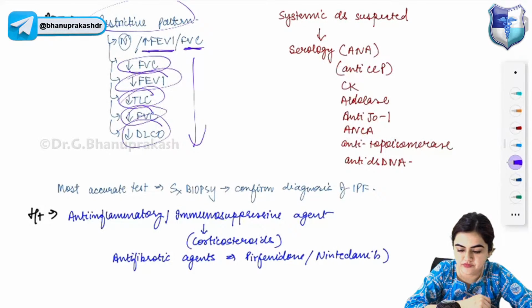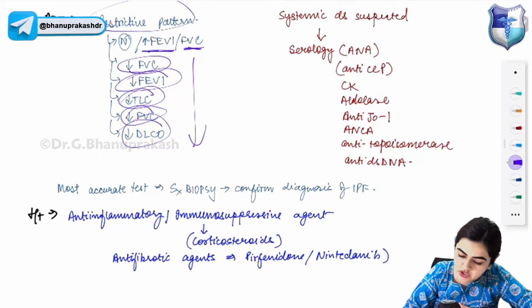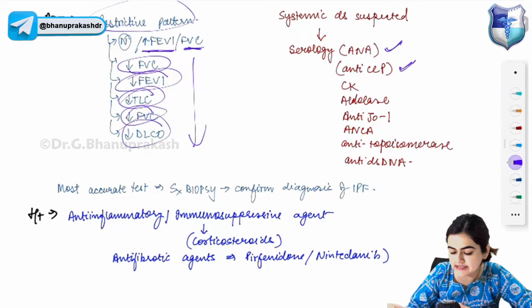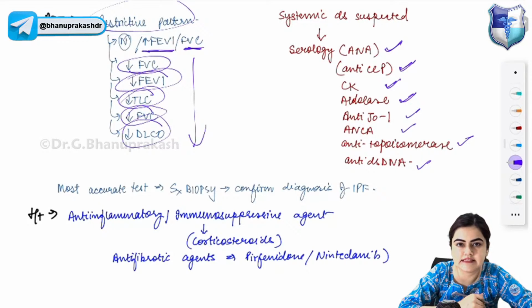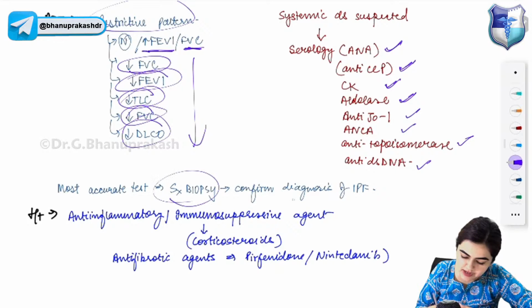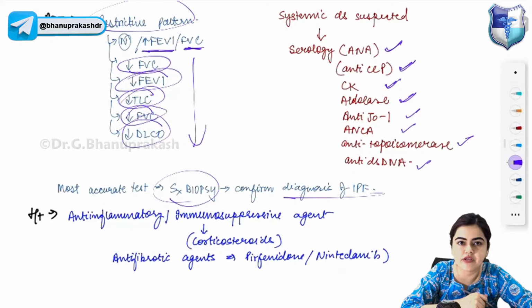If you are suspecting systemic disease, then you need to perform serology: ANA, anti-CCP antibody, CK, aldolase, anti-Jo1, ANCA, anti-topoisomerase, and anti-dsDNA antibodies. The most accurate test for interstitial lung disease is surgical biopsy, which will confirm the diagnosis of idiopathic pulmonary fibrosis.